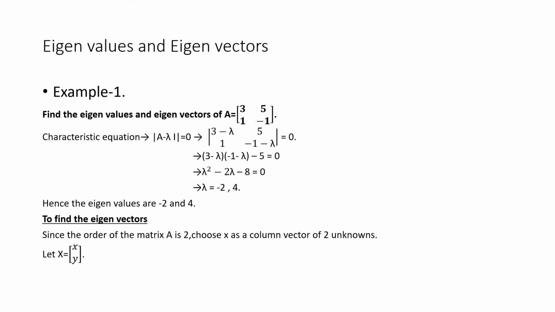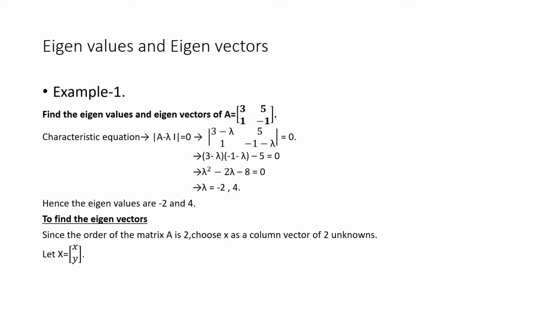Thus, determinant of A minus lambda I equals 0 implies determinant of the matrix with rows 3 minus lambda, 5 and 1, minus 1 minus lambda equals 0. Evaluating the determinant and equating to 0, we get lambda square minus 2 lambda minus 8 equals 0, whose roots are minus 2 and 4. Thus, the eigenvalues of the given matrix are minus 2 and 4.